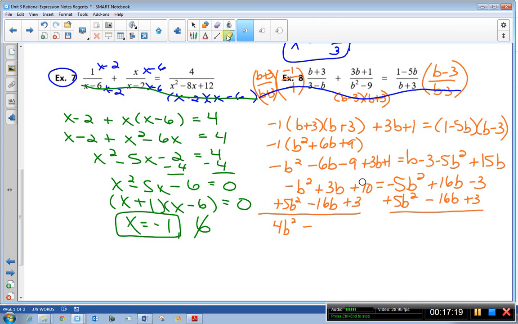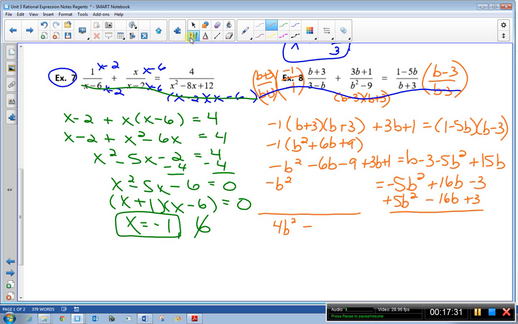So my next line is off as well. So my next line is negative b squared minus negative 6 plus 3 is negative 3b minus 8.